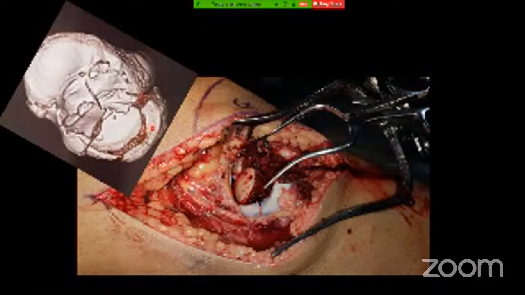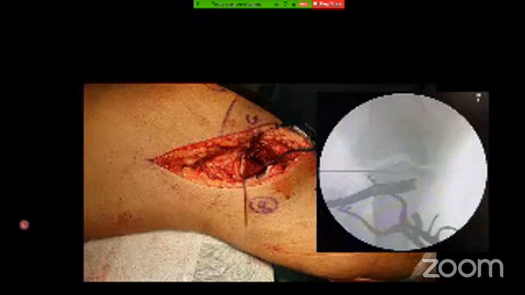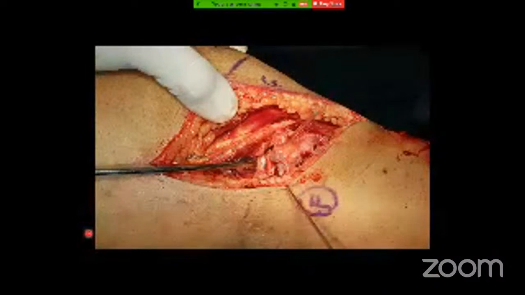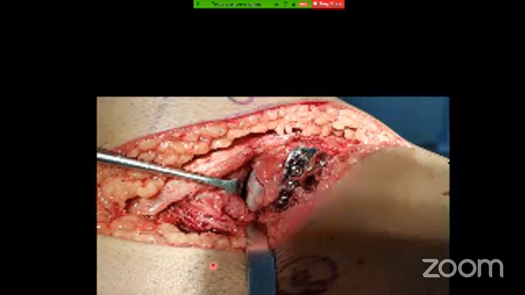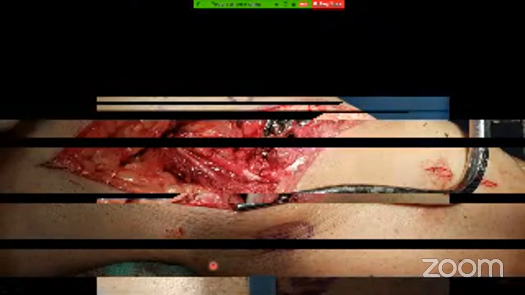I use this bone gouge to take a bone graft from the medial tibial condyle, and the graft was placed under this lateral tibial condyle. The fixation is done with the K wire, and then this is how the plate is. We can see the restored lateral tibial condyle.